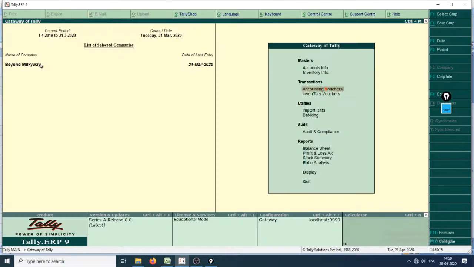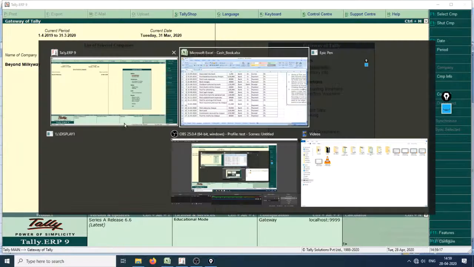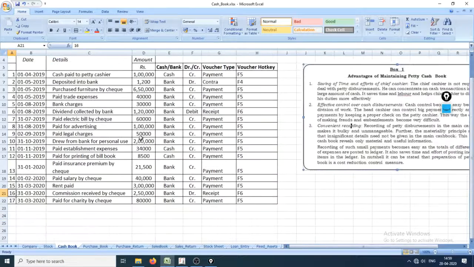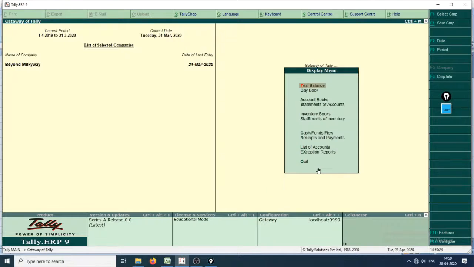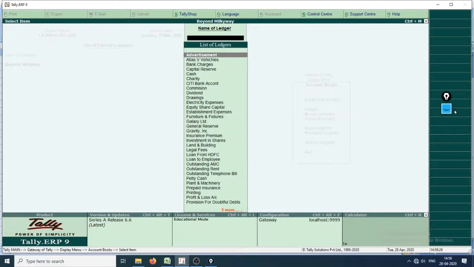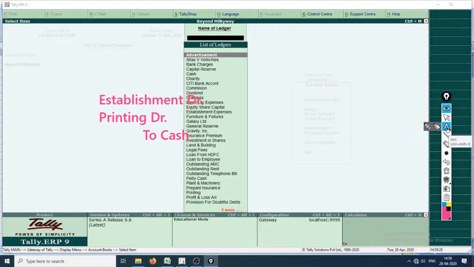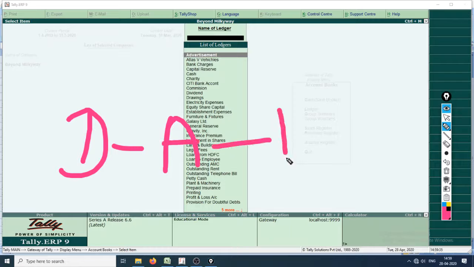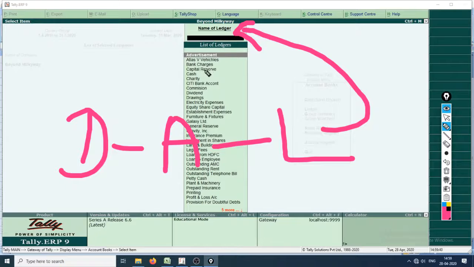So all these entries are passed now. Let us check out the bank and cash account. Here you can see these ledgers specifically, that is Citibank account, and right here is cash account.